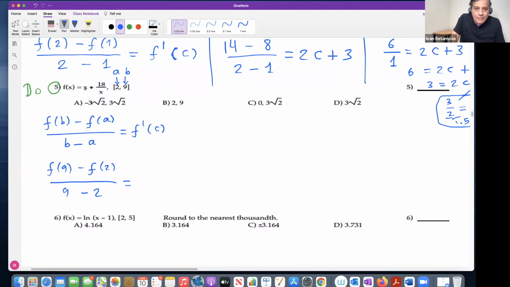For that, I'm going to give you this hint. Rewrite f of x as x plus 18 times x raised to minus 1. So we can easily compute the derivative, right? Very good. Go ahead. Try.